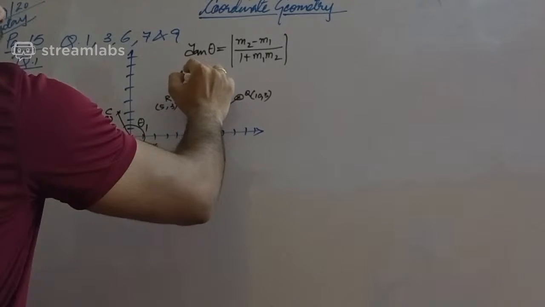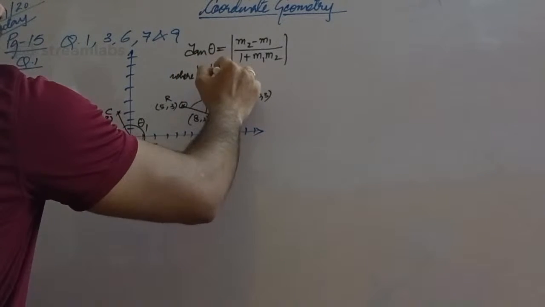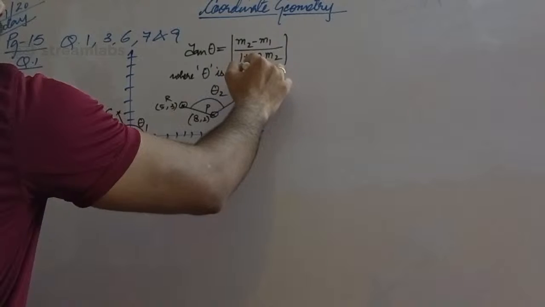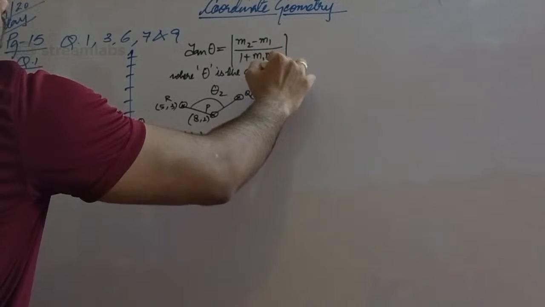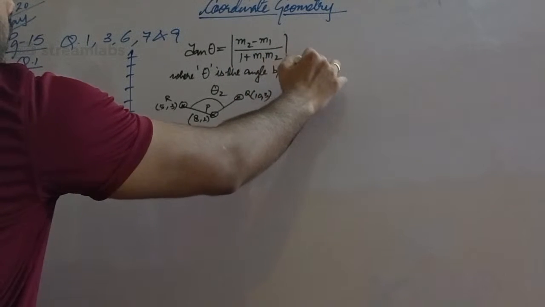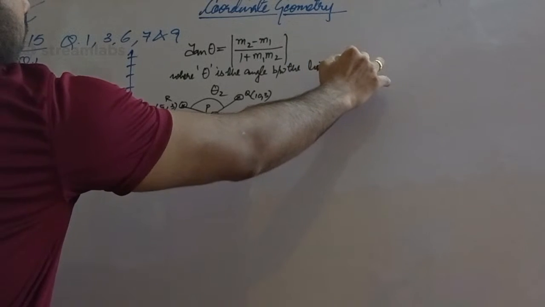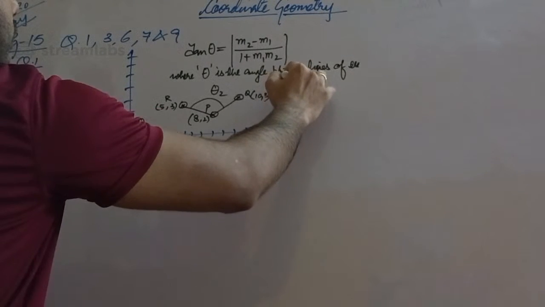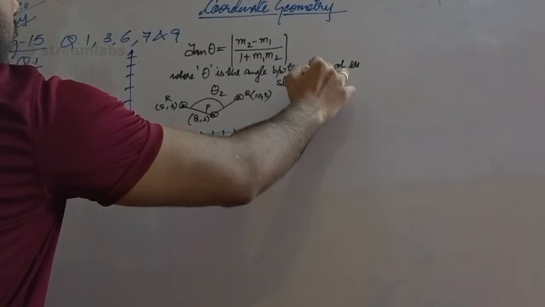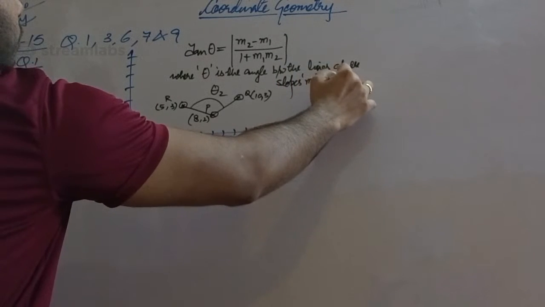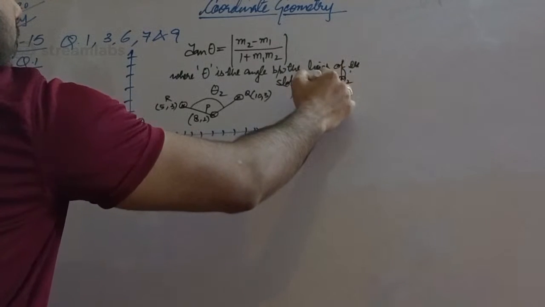Where theta is the angle between the lines of slopes m1 and m2 respectively.